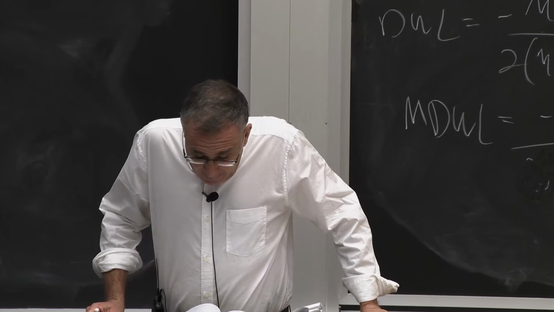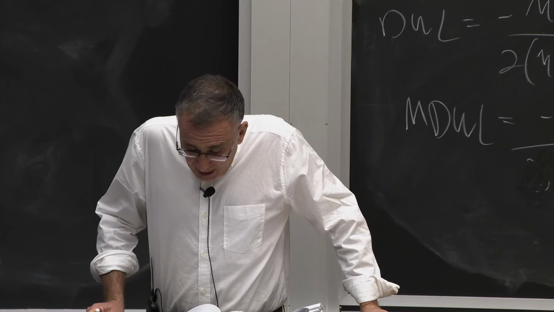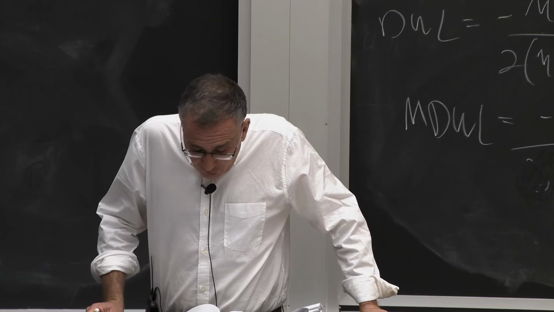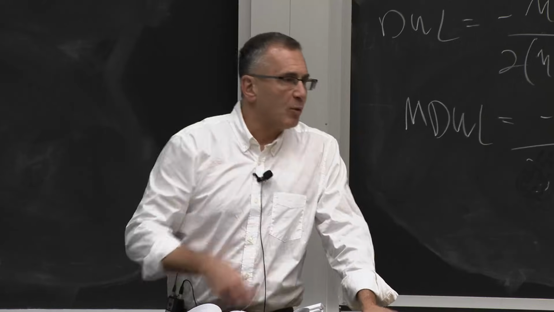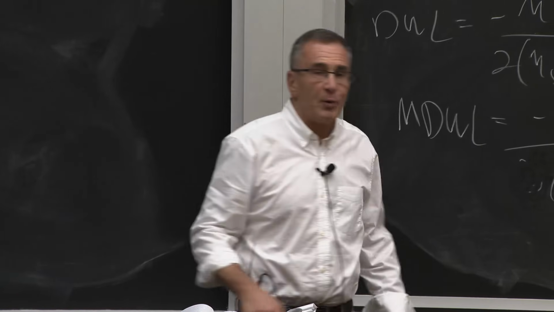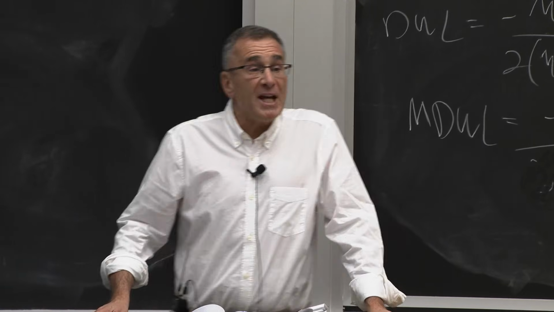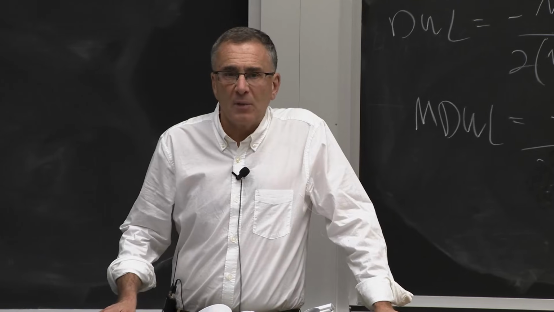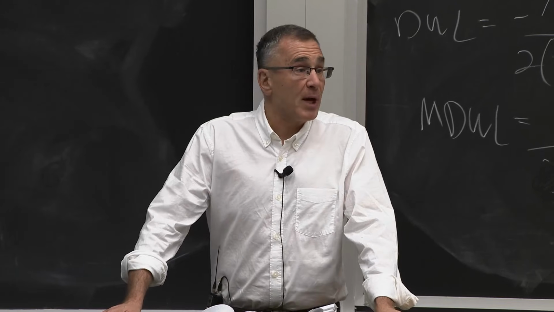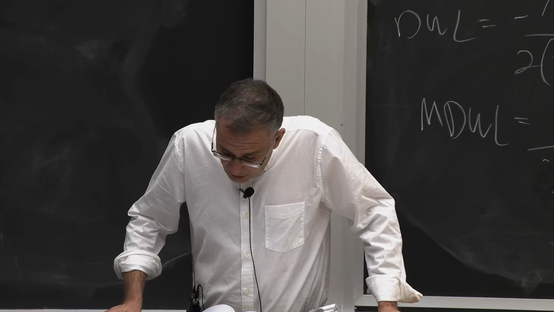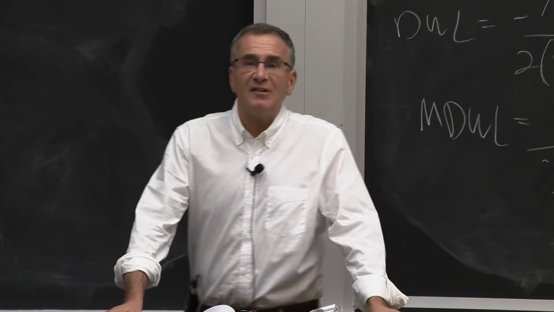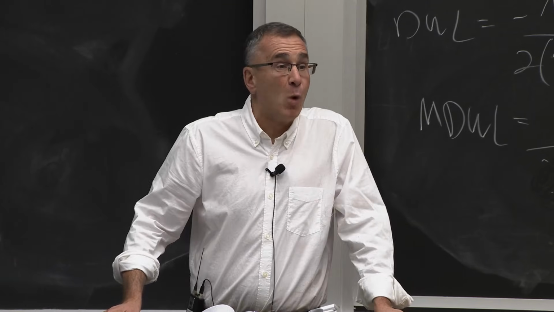Okay, so let's imagine there's a society with two individuals. I'm not going to write this on the board because it's too hard for me, but you can just write this down. There's two individuals. One has a wage of $10 an hour. One has a wage of $20 an hour. So there's a high skill and a low skill individual. They both have an elasticity of labor supply of 1.